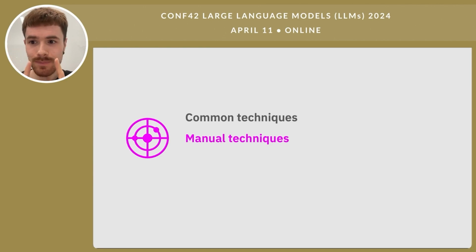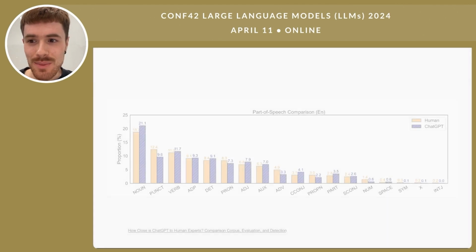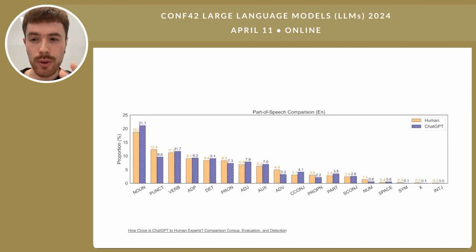But I'd love to give you some little tips on how to detect it, using, I don't know, common sense, I'd say. One of the things that we should be aware of is that looking into the types of words doesn't really work.